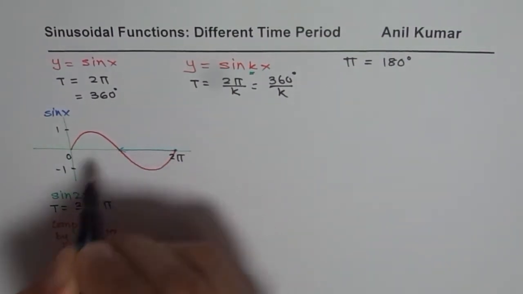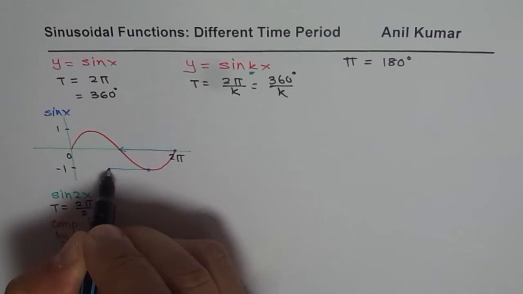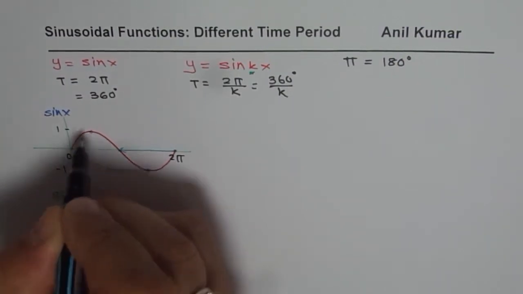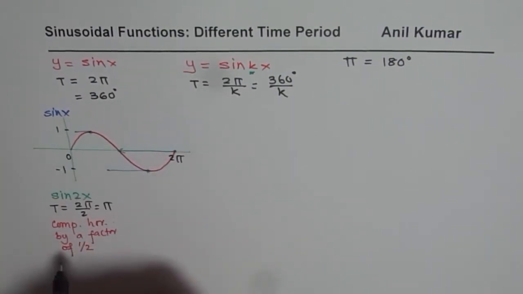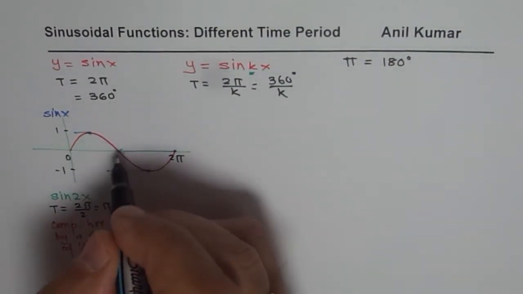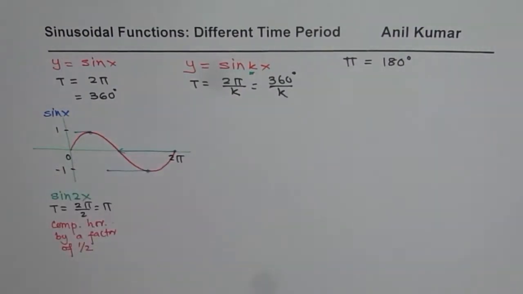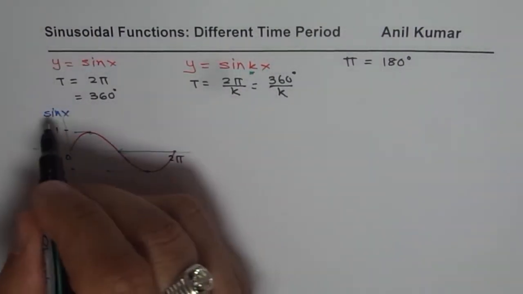So this 0 will appear here. This peak will move to half the location, correct? And this peak will also move to half the location. Effectively we'll have one wave in half the time period of the original function, right?